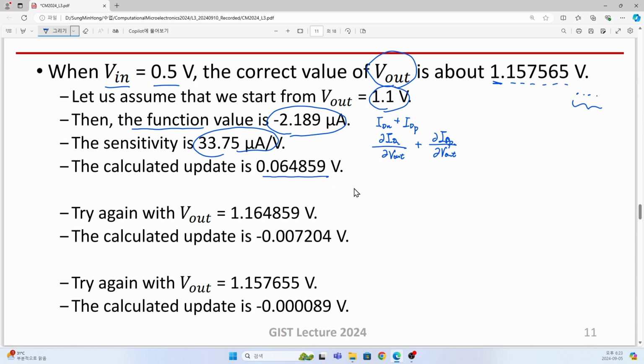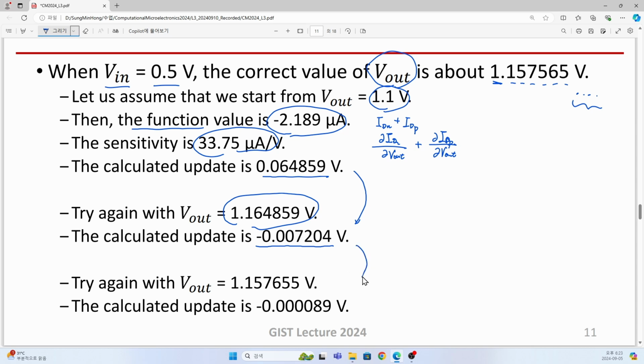So now our solution becomes 1.164859. Then if we repeat this procedure once again, the calculated update becomes much smaller than the previous trial. Previously it was 0.06, and now this one becomes 0.007, almost 10 times smaller than the previous one.